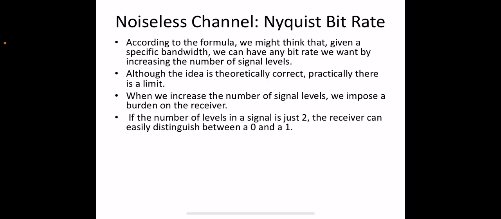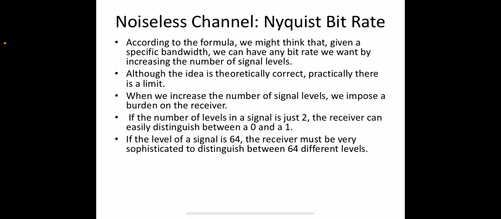If the number of levels is just 2, the receiver can easily distinguish between 0 and 1. One level means the data is 0, and the second level means the data is 1. But if we increase the number of levels to 64, the receiver must be very sophisticated to distinguish between 64 different signal levels.